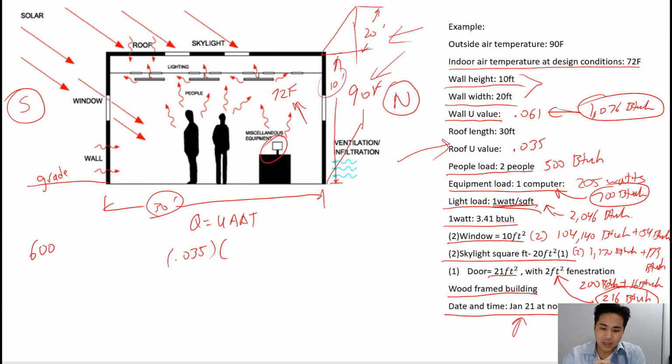And we need to subtract the skylight areas from that roof area. So the skylight, we have 2 skylights at 20 square feet each, so we're going to subtract 40, and we're going to get 560 square feet, which we're going to plug into here, and delta T is 18, and that's going to equal 353 BTUs per hour.